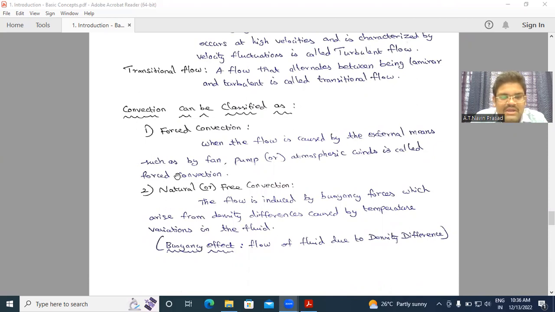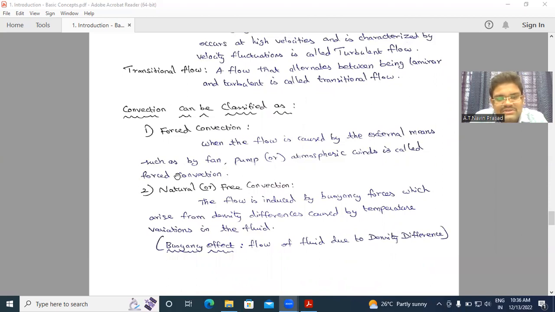In free convection, there are no external devices to transfer the heat. It is mainly due to buoyancy forces, which are caused by the density difference due to temperature variations in the fluid.